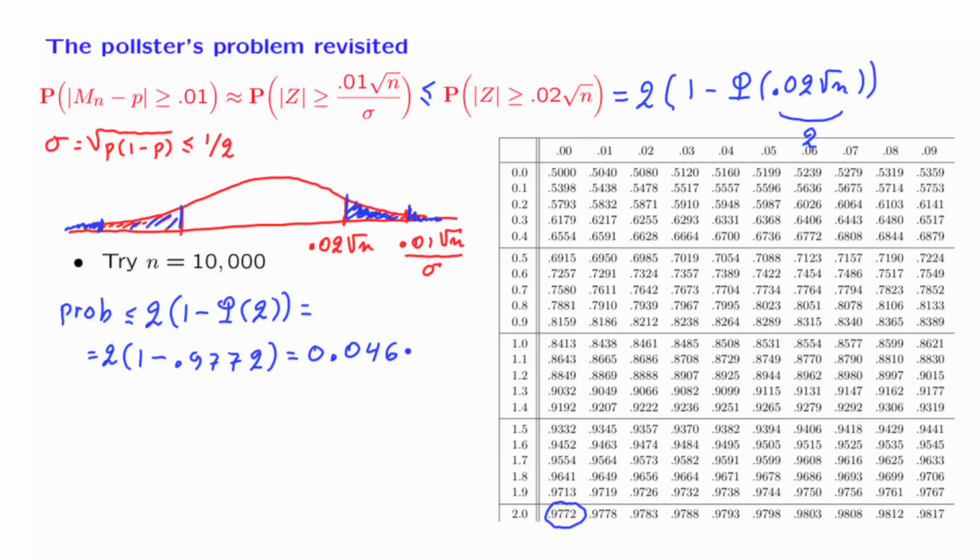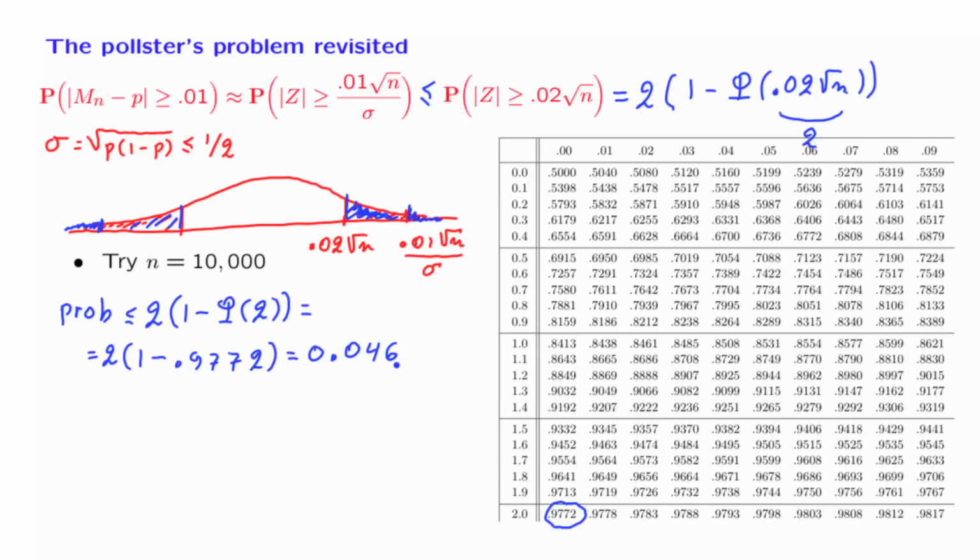So, if we use 10,000 people in our sample, then we will get an accuracy of 1 percentage point with very high probability. The probability that we do not meet the specification, so that the accuracy that we get is worse than 1 percentage point, that probability is quite small. It's 0.046, that is 4 and something percent.